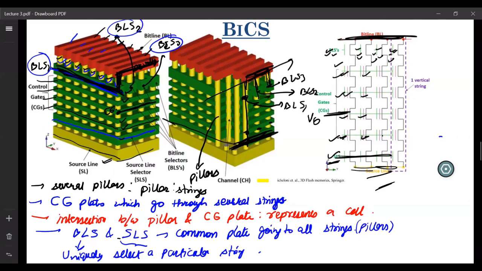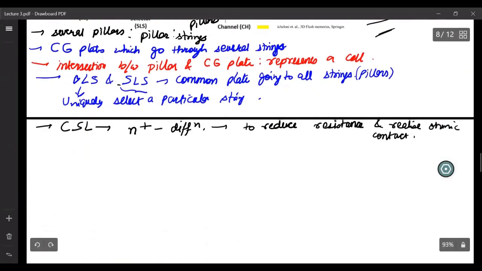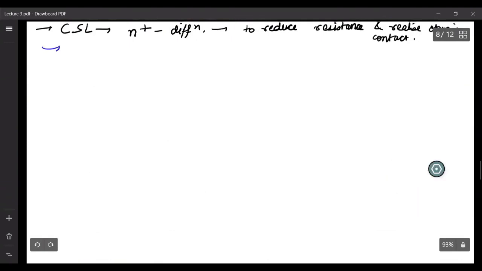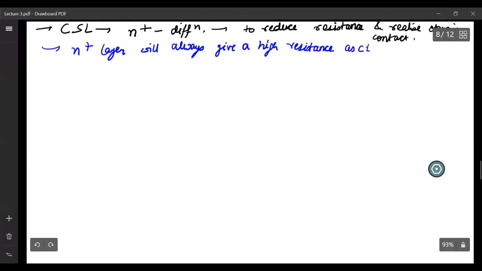Okay, so with this discussion, let me talk further about this. As I already mentioned, the bottom is an N plus diffusion layer. However, no matter how much you dope it, your N plus layer will always give a very high series resistance as compared to metals.